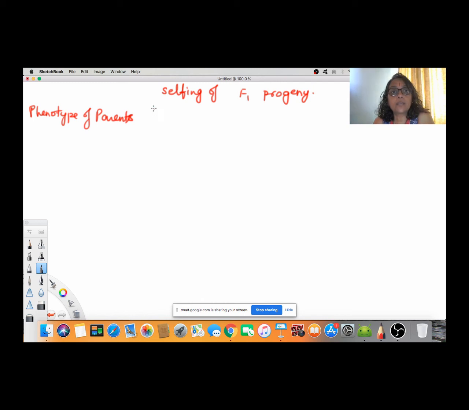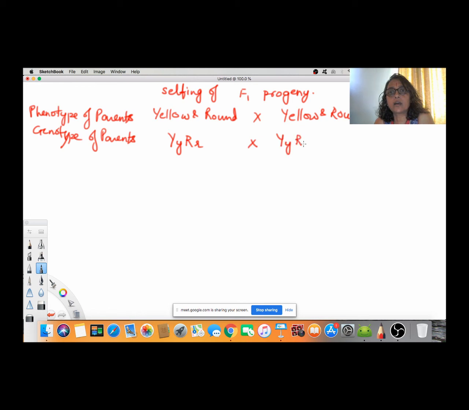The phenotype is yellow and round crossed with yellow and round. Genotype of parents: YyRr cross YyRr.